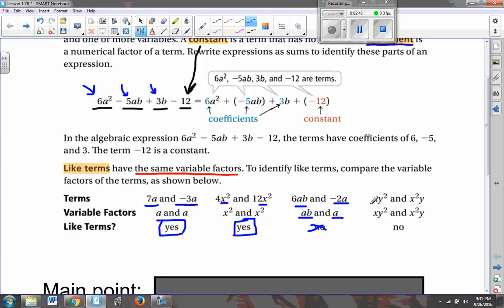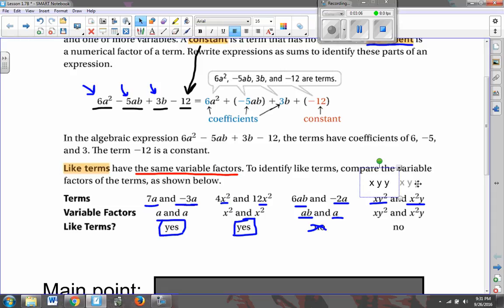And then the last one, we have xy squared and x squared y. Now, xy squared really means x times y times y, because 2 y's multiplied together make y squared.